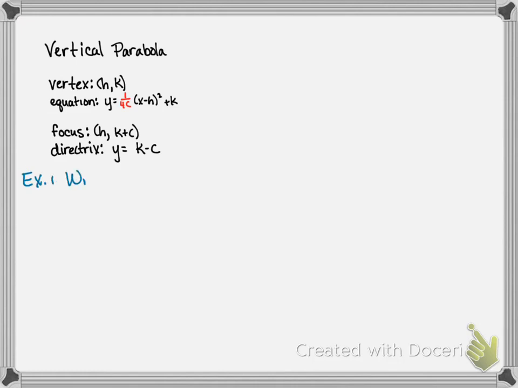So for example, let's write the equation of the parabola with vertex (-5, 4) and focus (-5, 0). From these formulas we see that our vertex is (h, k), so h is -5, k is 4, and the focus is (h, k + c). That makes sense.